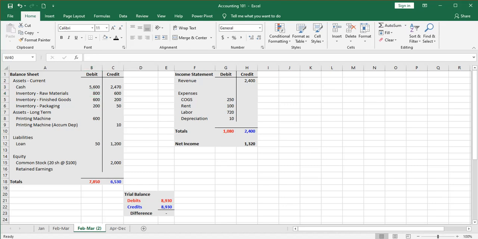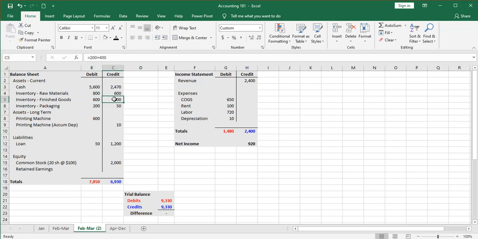Whenever we recognize a sale, we need to recognize cost of goods sold. So I'm going to increase that by the 400 for the actual shirts that are in my finished goods inventory right now. So I need to clear out my inventory again with a $400 entry. 600 minus 600 is 0.